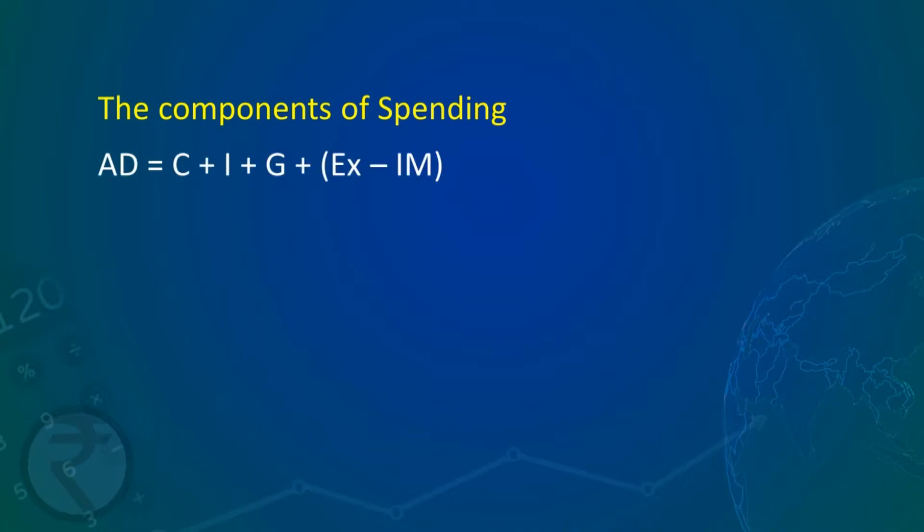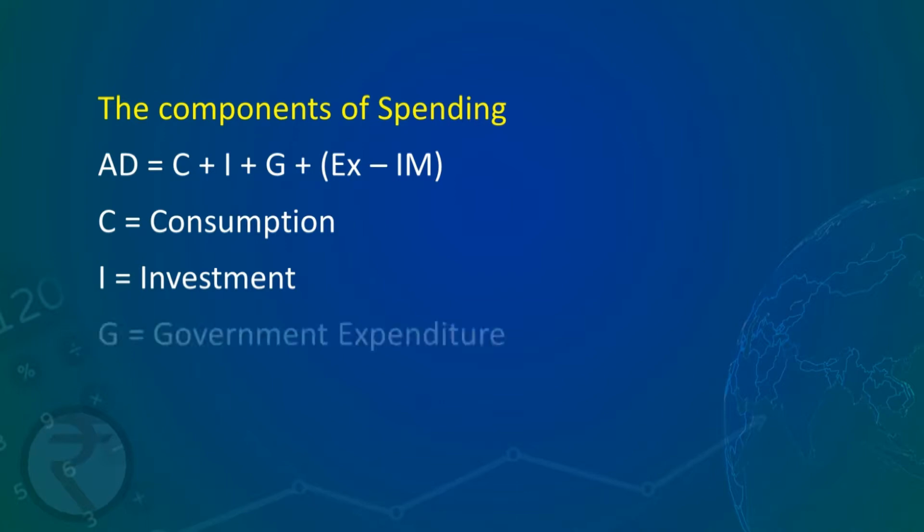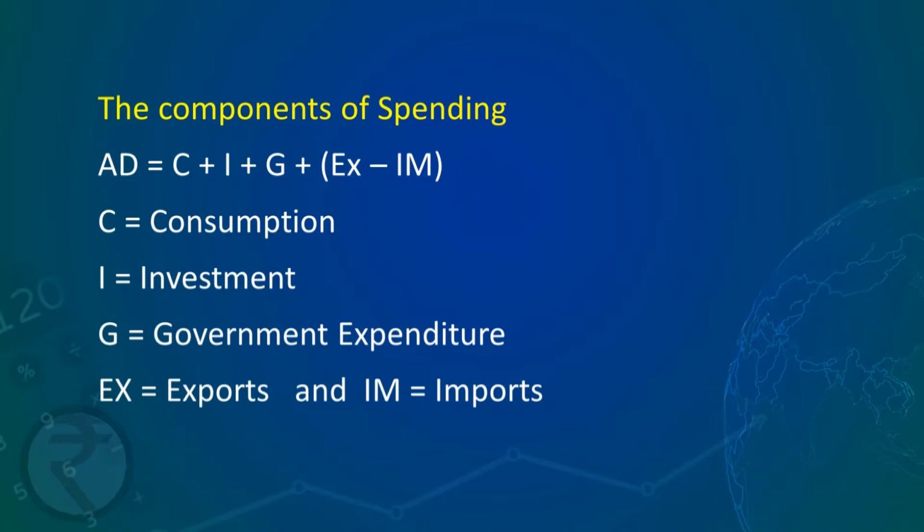Now we will see what are the components of spending, or what is the aggregate demand. Aggregate demand is equal to C plus I plus G plus exports minus imports. C stands for consumption, I is for investment, G is the government expenditure, EX stands for exports and IM stands for imports.